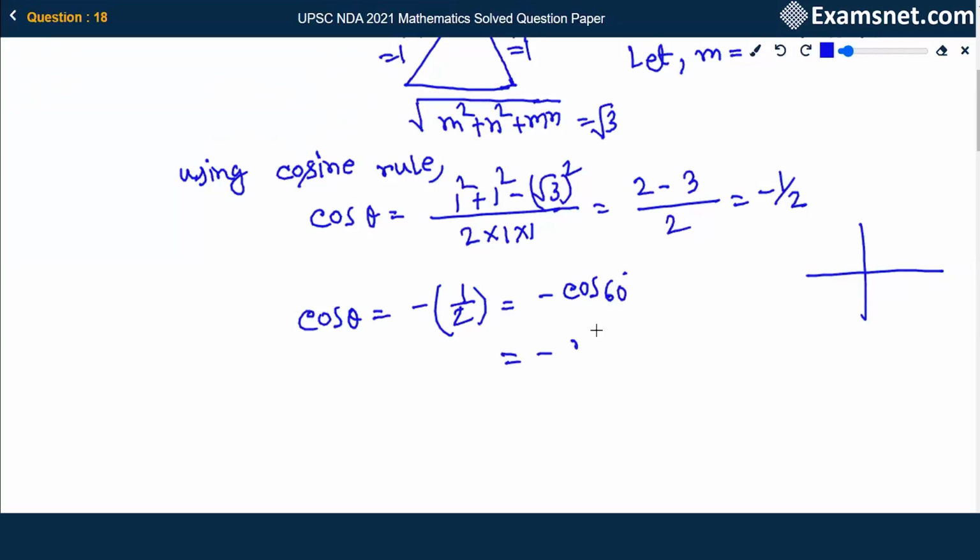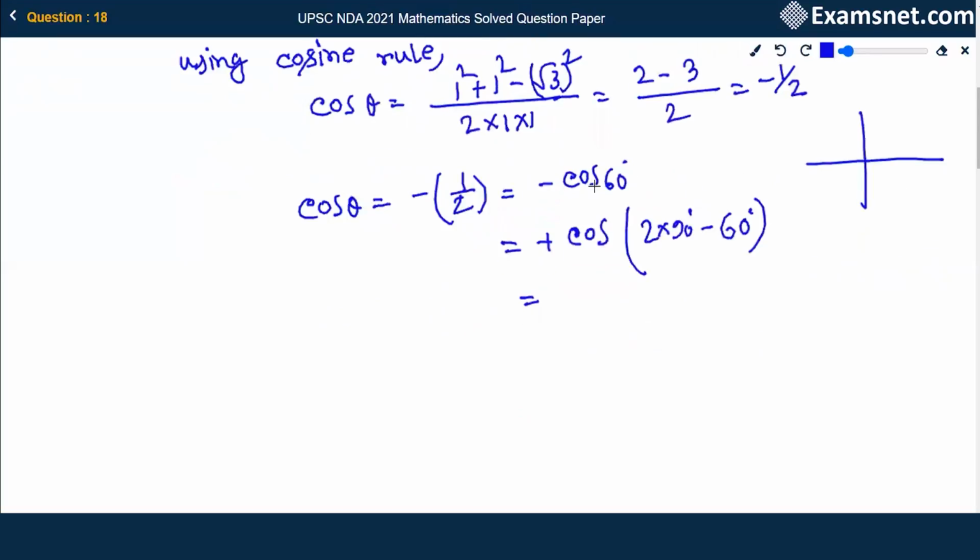Minus cos 60 degree can be written as cos of (180 degree minus 60 degree), since it is in the second quadrant and it is not crossing the quadrant, and it will give us the value cos 120 degree.